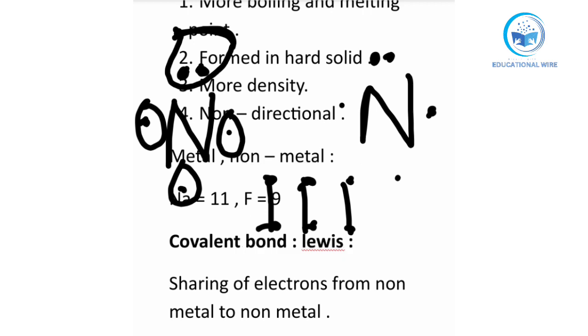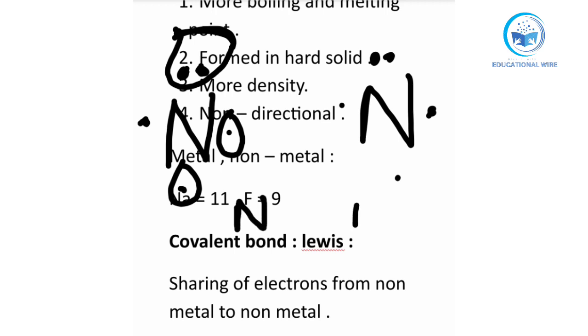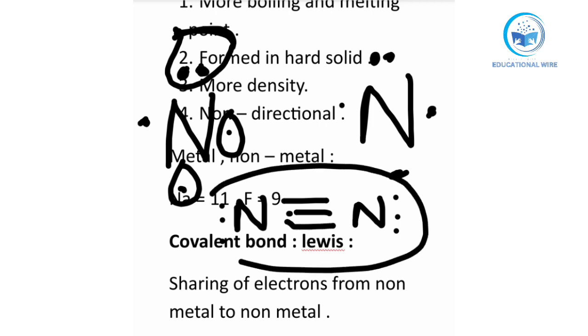So how will we write the triple covalent bond? We will write it in this method: N, and on this side the 3 electrons, 1 2 3, then 1 2 3 and 1 2 3. This is called a triple covalent bond. If it were a double, we would make it like this. If single, like this.